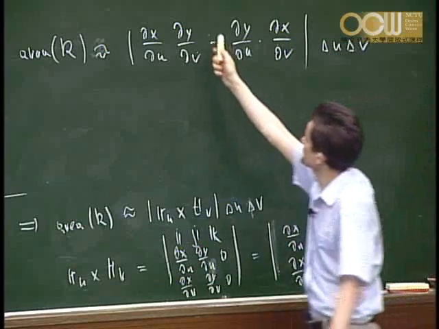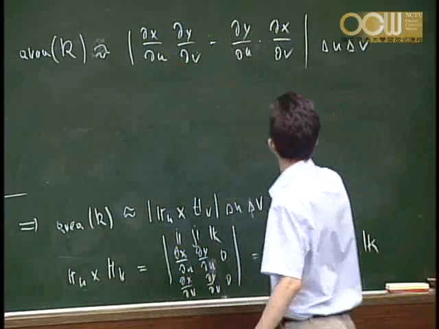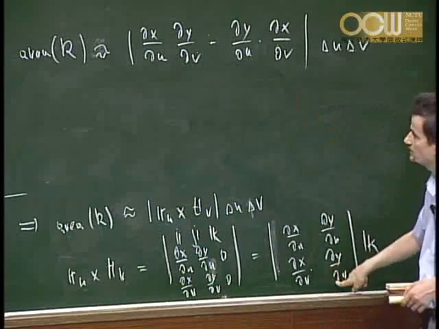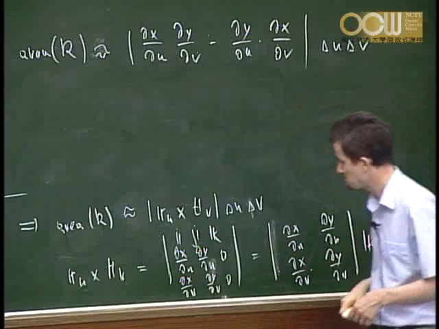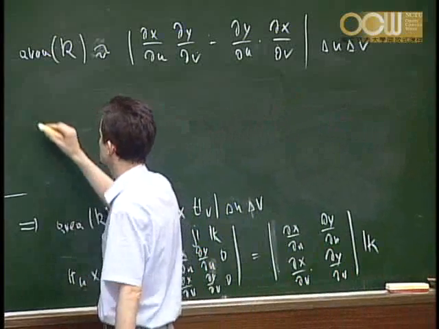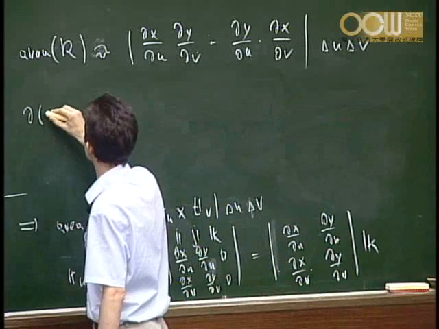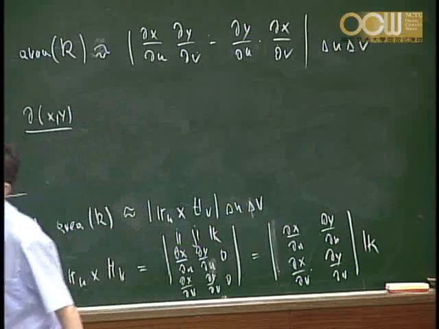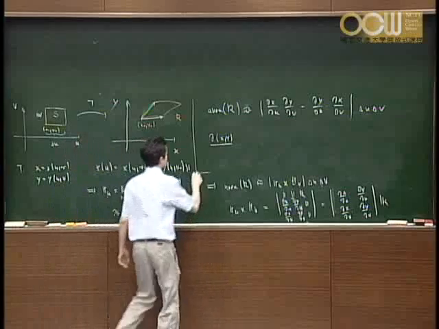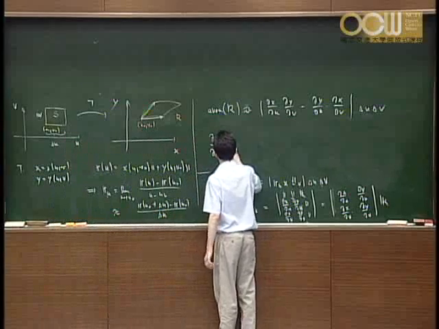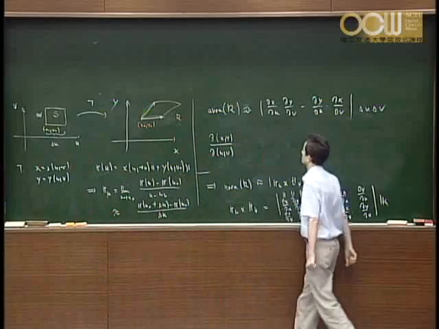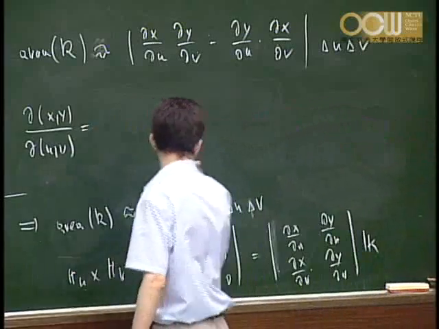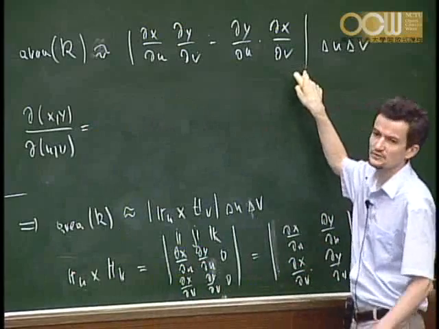And for this kind of determinant, we have a special notation. This notation is the so-called Jacobian of this transformation here. Normally we use this notation here, but it doesn't matter because you have absolute values.